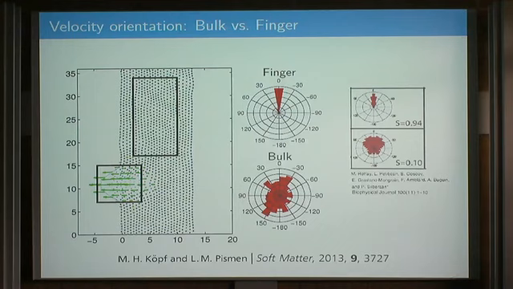And we define it in a normal way, as polarization is defined in the Landau-de Gennes function. And the picture appears to be similar. There is also very little polarization in the bulk and strong polarization in the finger.